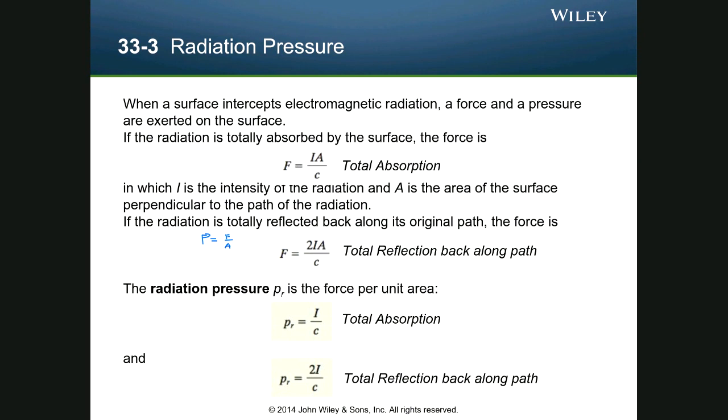You get both the force and pressure for total absorption, and the force and pressure for reflection. You'll notice they aren't the same. This can create a pressure gradient, because you can reflect back more than you absorb, so you can push things.